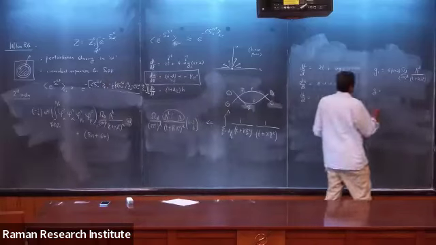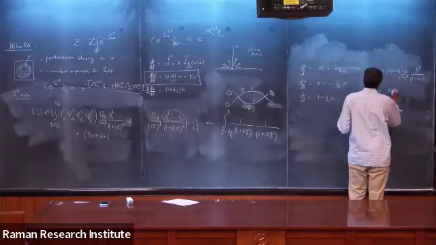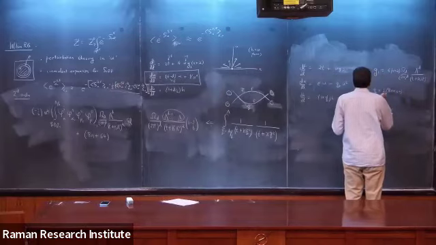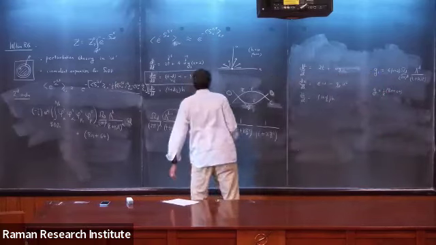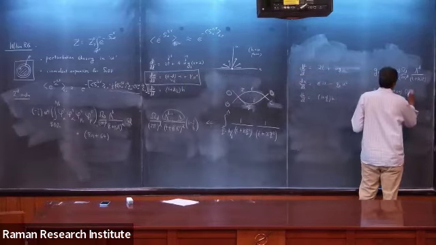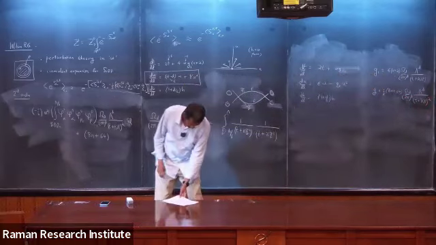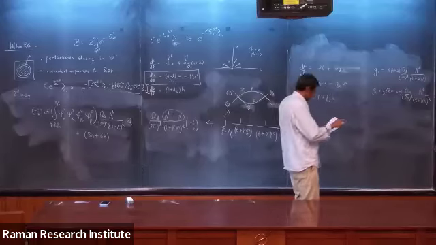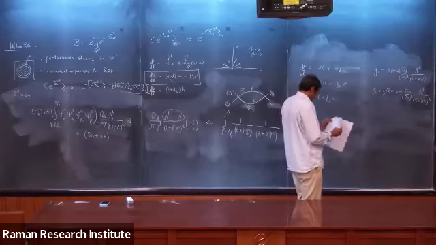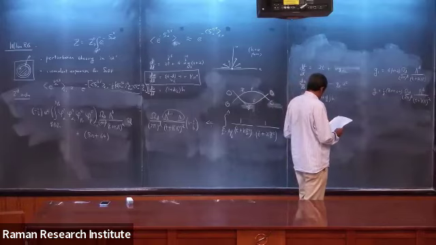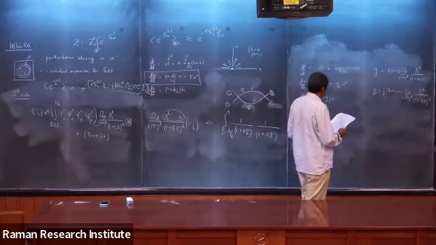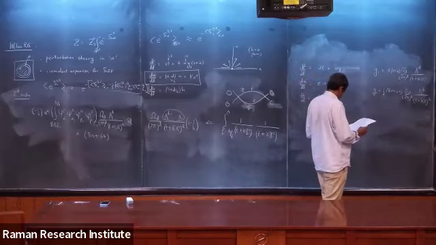So it's 8n plus 1/2 times, let me just double check. This is fine.